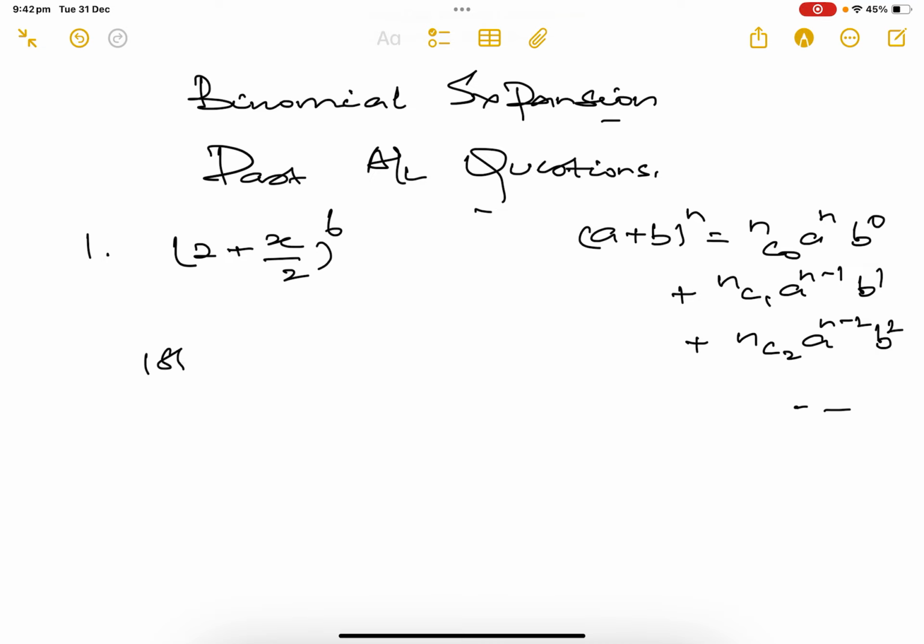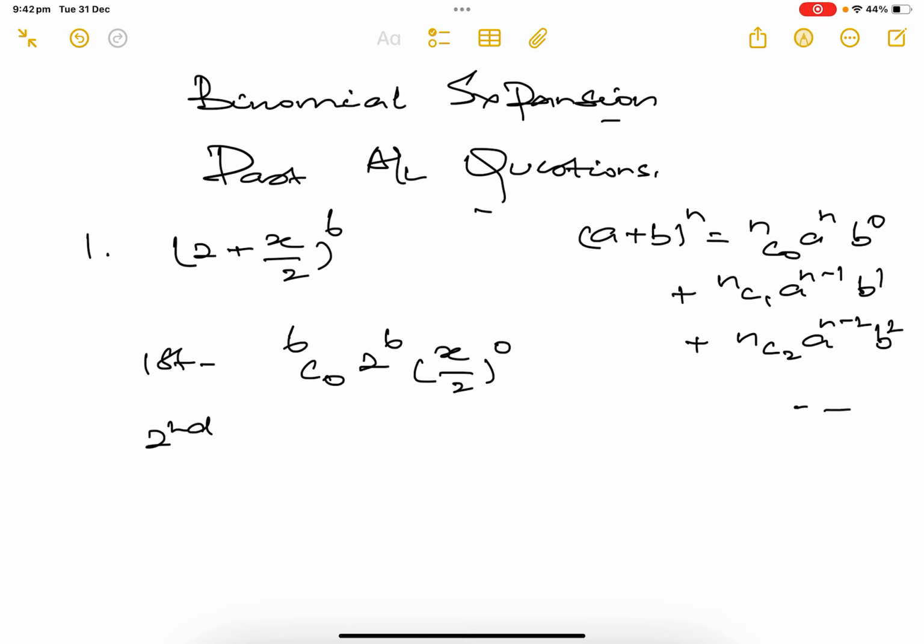The first term can be written as 6C0, 2 to the power of 6, (x divided by 2) to the power of 0. That's the first term.